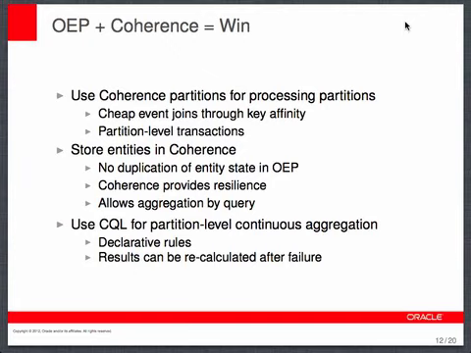And as a side effect of doing that, that means we can also query that data easily. We can run aggregation by query against the grid, as well as having this event processing layer running on top. But we use CQL within each process to do the partition-level aggregation, and that gives us this quite expressive declarative event-driven framework.